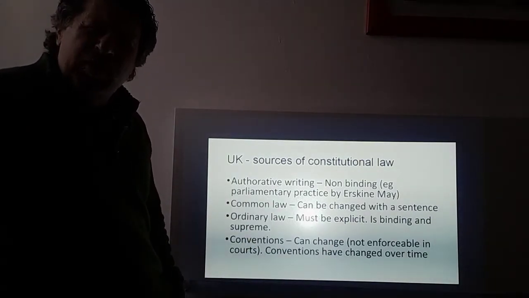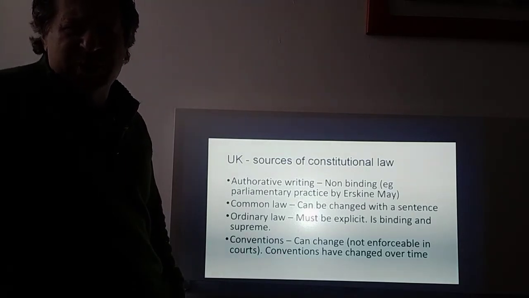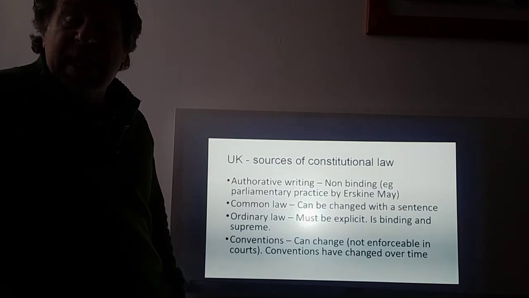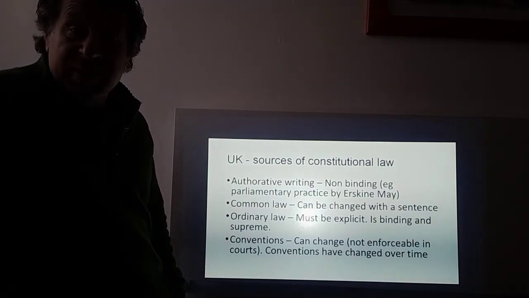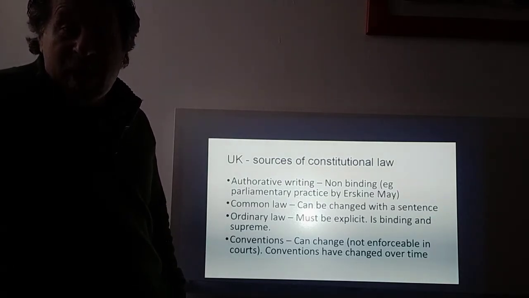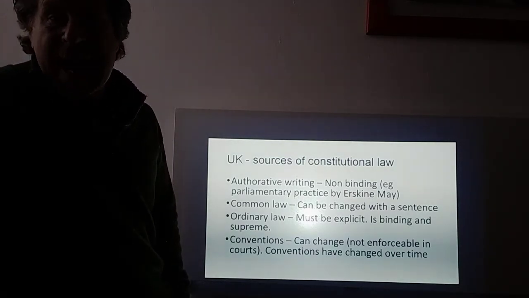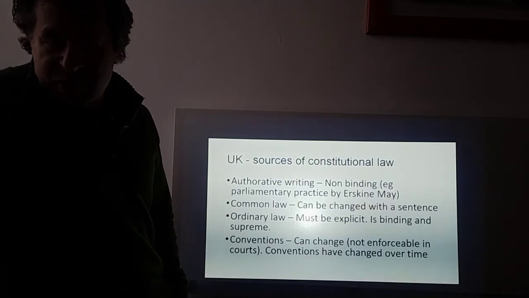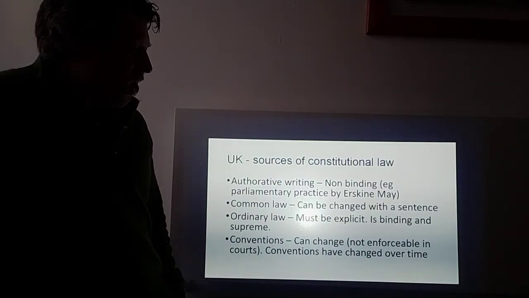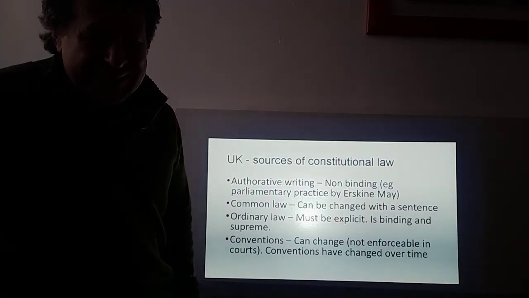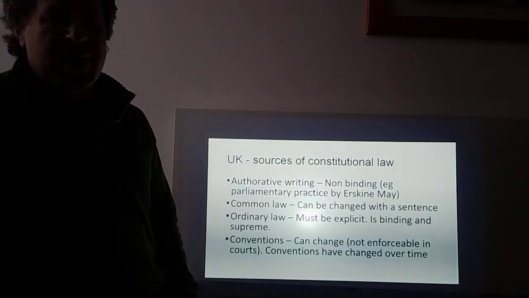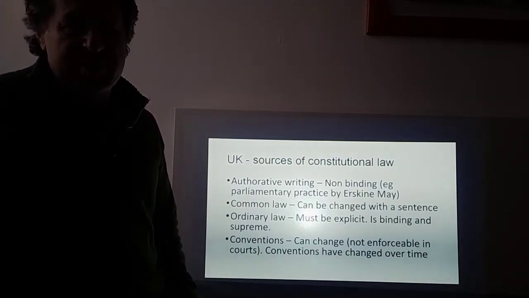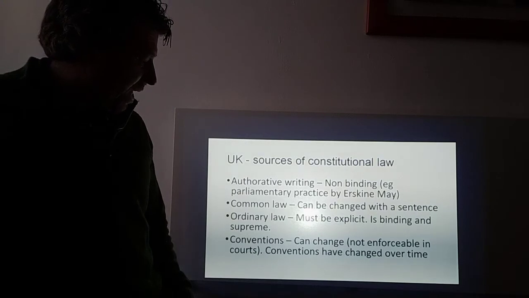One of the most fundamental, unchangeable things, though, in our constitution, is that Parliament is sovereign, and Parliament makes the law, and the Queen enacts that law. By assenting, she enacts the law. So that is considered quite the most fundamental thing in our constitution.